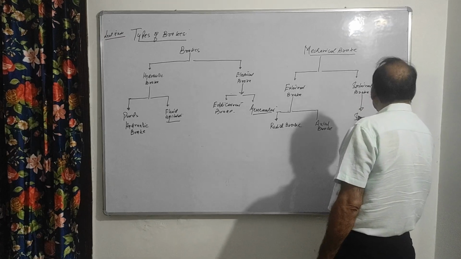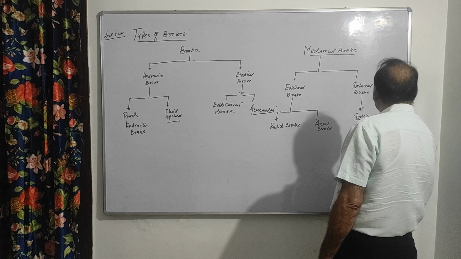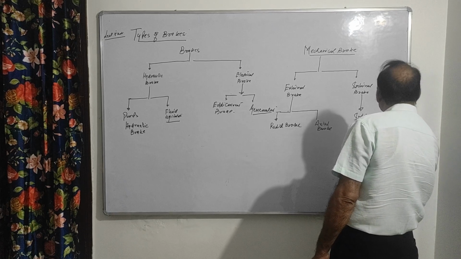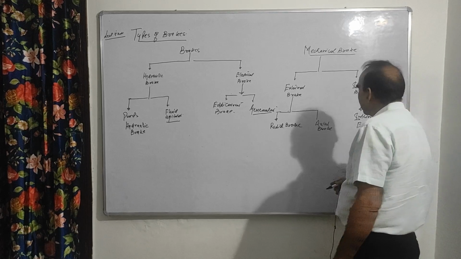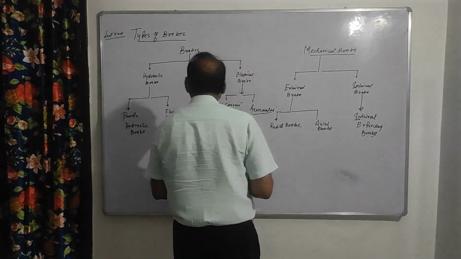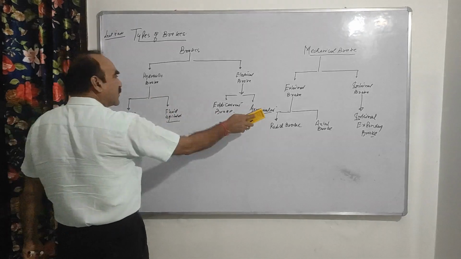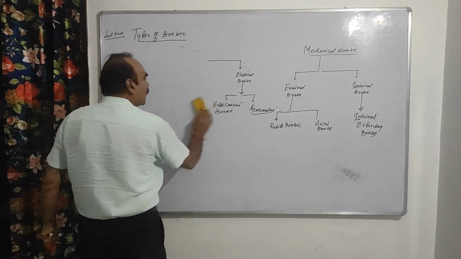So this is your internal expanding brake, right? Now you come to this radial brakes, because this is in our syllabus, so we will take this only. There is no need to write here.